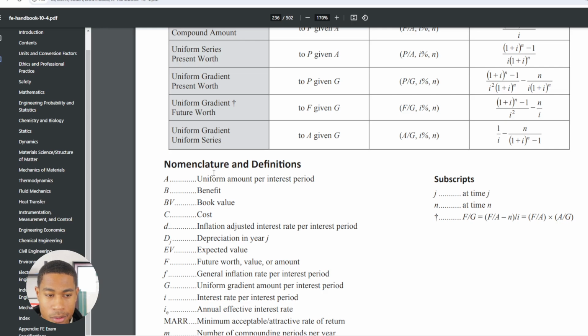You have to be careful with how you view A, because it's not a specific period. They will let you know what that period is in the question, but just know that A can be a value that happens every quarter, every month, every year, or every day.